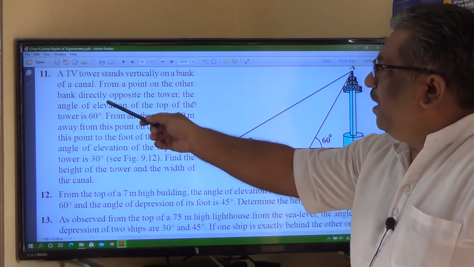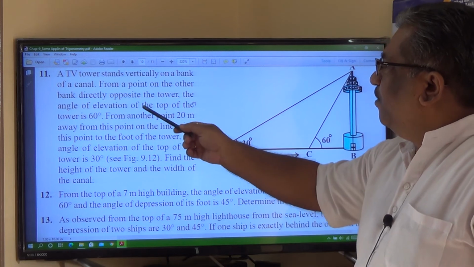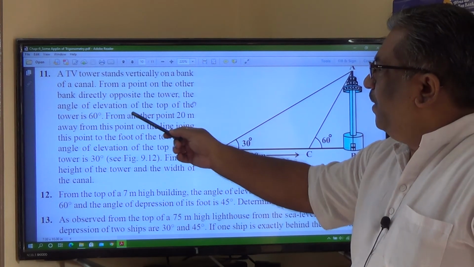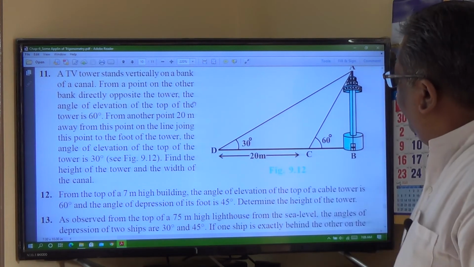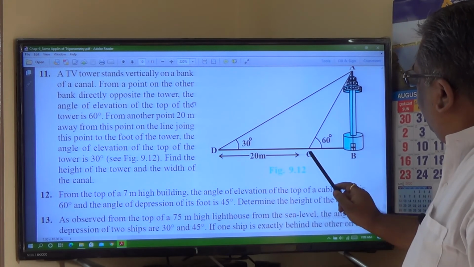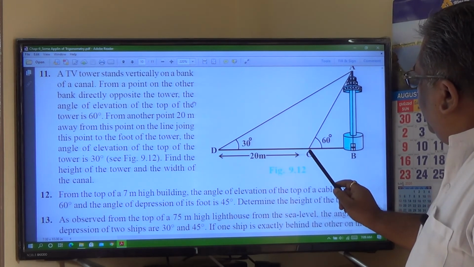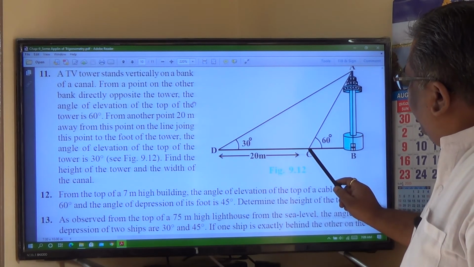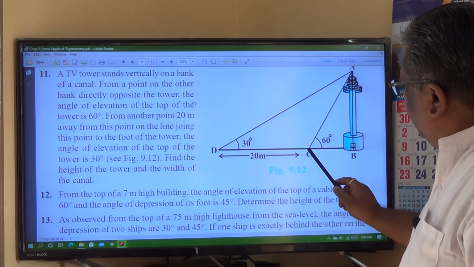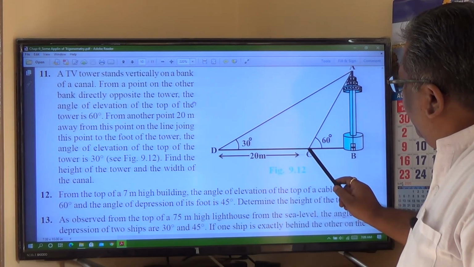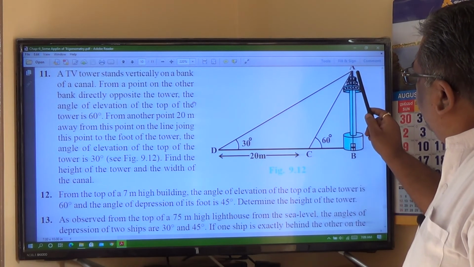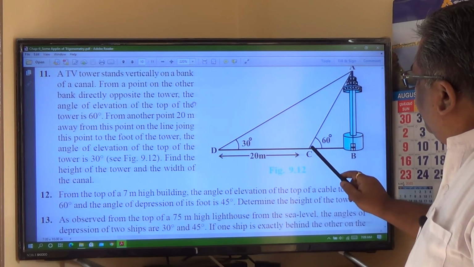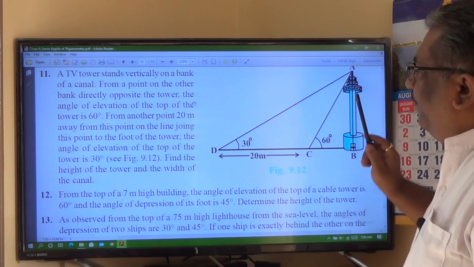From a point on the other bank, directly opposite to the tower, the angle of elevation of the top of the tower is 60 degrees. So this point C is on the opposite side of this tower. From this point C, on the opposite bank, if you view the top of the tower, the angle of elevation is 60 degrees.